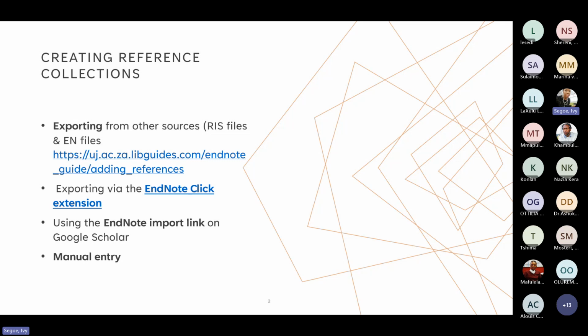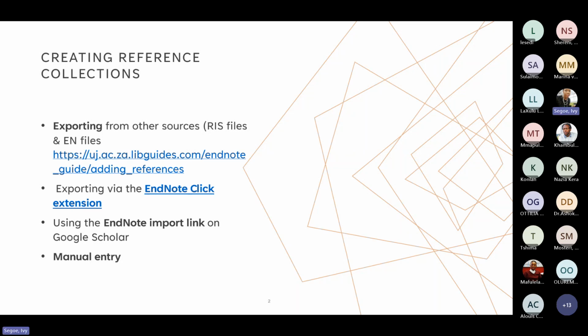So you start building your reference collections from these databases as you are searching for literature. So there is the first point. And these databases allow you to actually create RIS files or EndNote files that you can later import into EndNote.